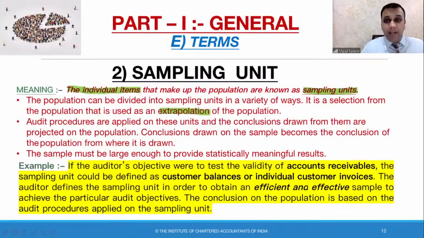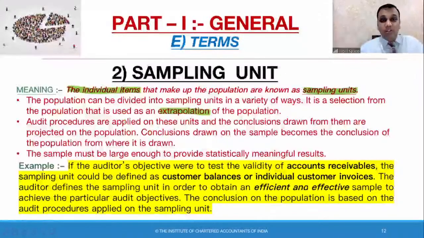So in the same manner in auditing, from the data, all the units which make up the population are known as sampling units, on which we can carry out the process of sampling, and further we take samples out of the population on which we carry out our audit procedures.